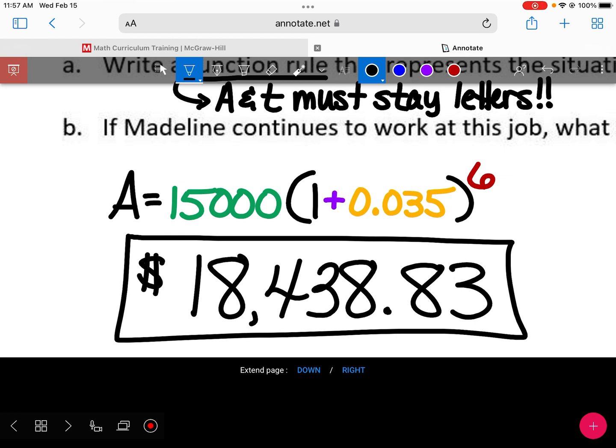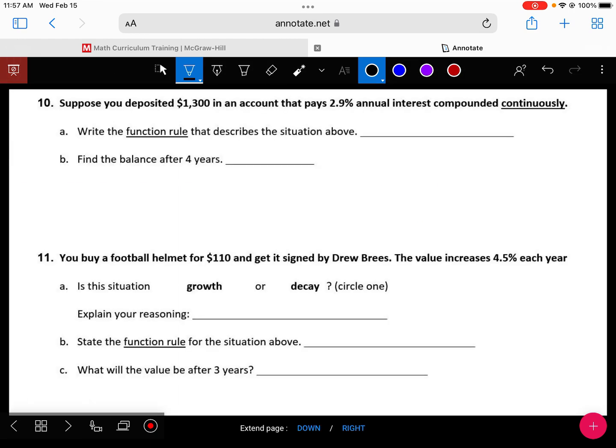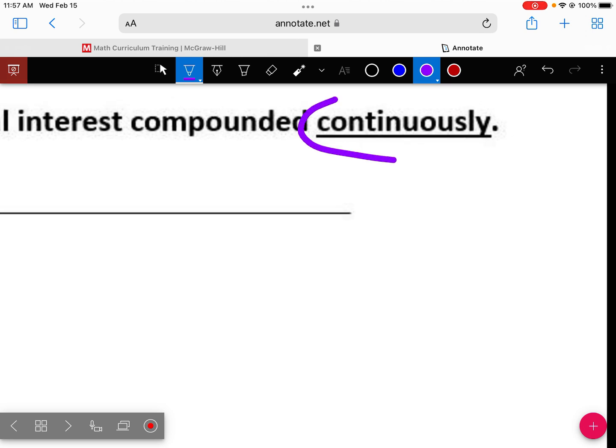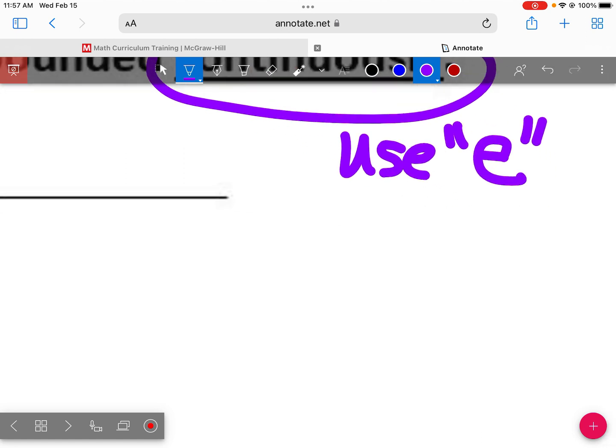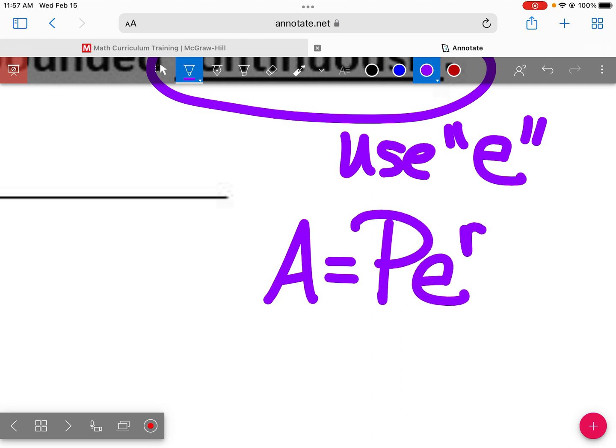Do I need a formula from up at the top to do number 10? Which one? The one with the E. Why? It says continuously. So we will use E. So A equals PE to the power of RT.